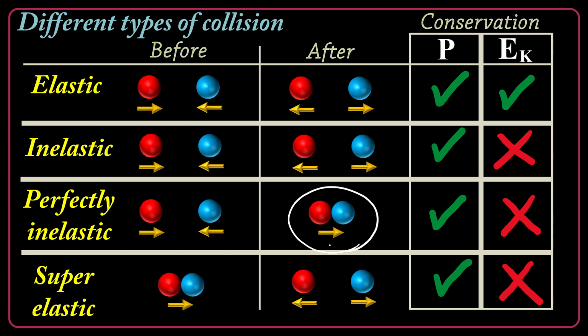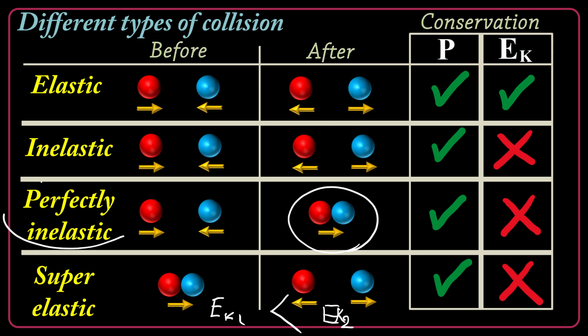But it's very interesting that before the collision we have a kinetic energy of Ek1, and after the collision the total kinetic energy of the system may be something like Ek2. Here Ek2 is larger than Ek1 because energy is gained.